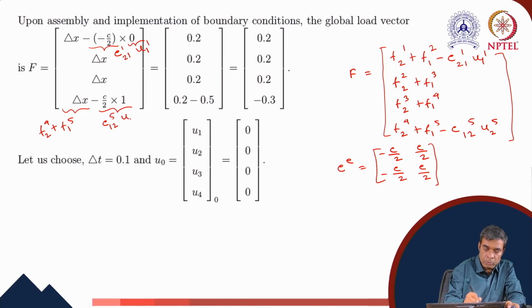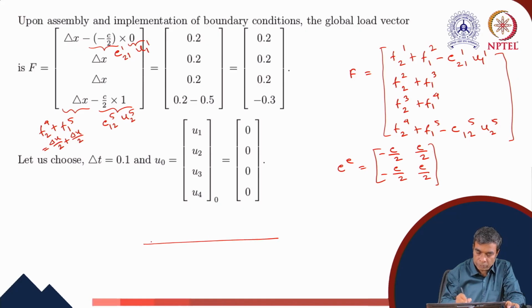C125, this is C by 2. So our F24, it was delta x by 2. F15 is also delta x by 2.